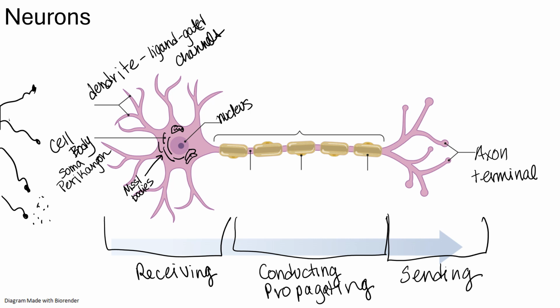So this area between the receiving and sending portions of neurons is called the conducting or the propagation area, as I said. And this is the axon, which is similar to an electrical cord wrapped in insulation. We know that these little pillow-looking things here are myelin sheaths.